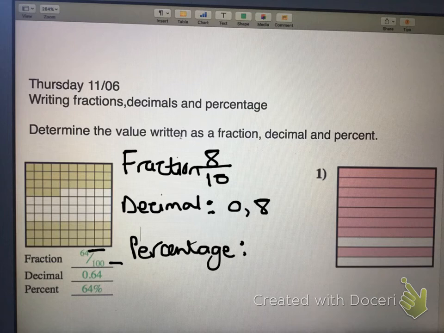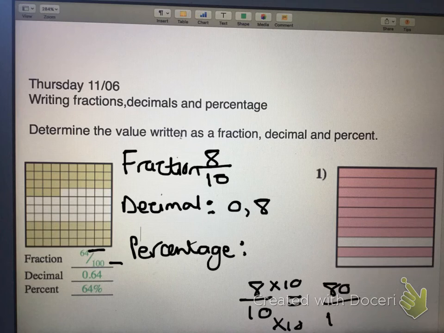Yes, absolutely. In order for me to change my fraction, I can use multiplication. So I have 8 tenths. I need to get that to another equivalent fraction. So I can multiply by 10 to give me 100. What I do to the bottom, I do to the top. Multiply by 10. So 8 times 10 is 80, and 10 times 10 is 100.